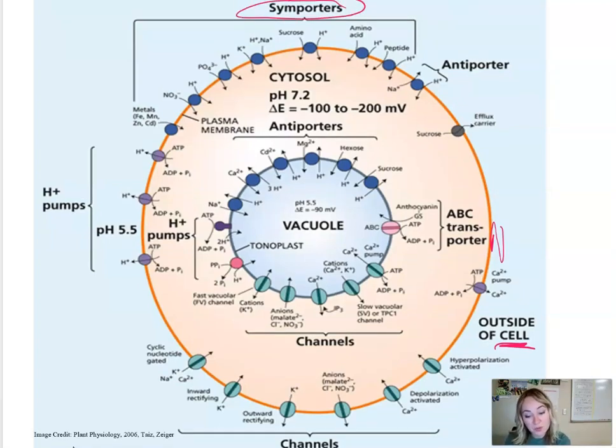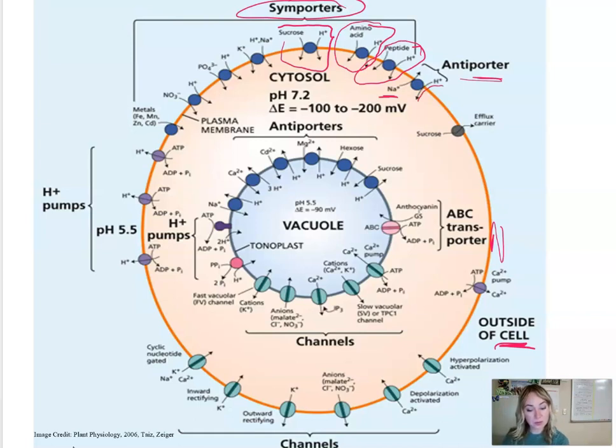A few examples would be, here it is, sucrose is being moved and is driven by that hydrogen gradient. Amino acids can also be driven the same way, by the hydrogen gradient. Peptides, meaning short sequences of amino acids, are being driven that way. So all of these are symporters. Basically the hydrogen gradient is dragging them along into the cell.